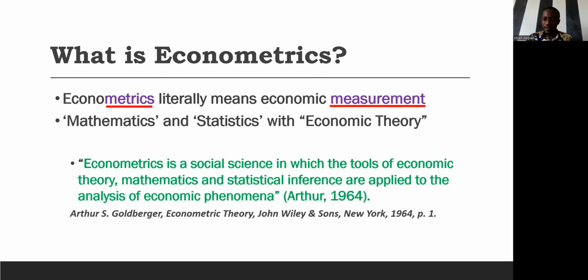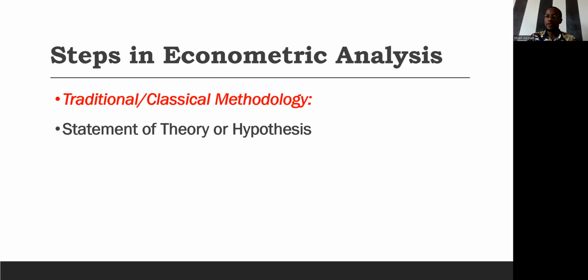And so if we look at a definition given by one Arthur in 1964, econometrics is a social science in which the tools of economic theory, which are mathematics and statistics, are applied to the analysis of economic phenomena. There is what we call the classical methodology of econometric analysis.